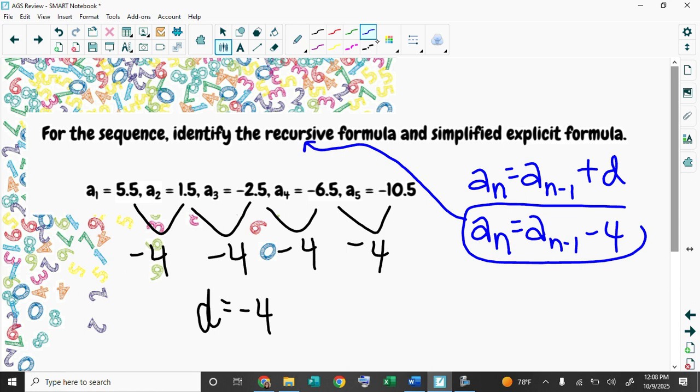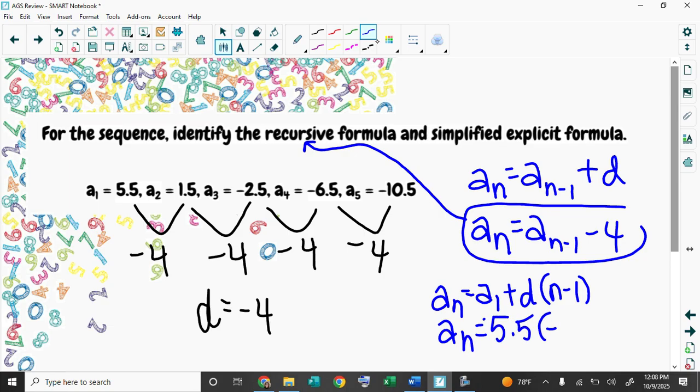The explicit one: a sub n equals a sub 1 plus the d times n minus 1. So you can do this. A sub 1, my first one, was 5.5.